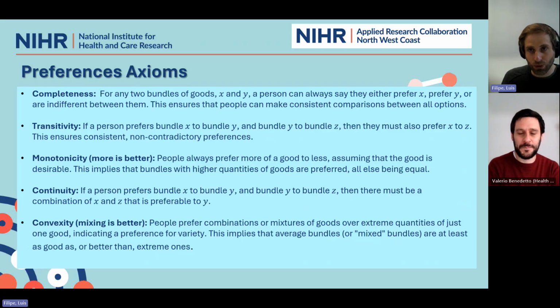Now, these two together are very important because they make what we call rationality. Just a name, don't think about it. But they are very important because this rationality assumption is what we need to put things into utilities. We are going to see it in the next slide, but I'm going to spoil you. Utilities means that we can give numbers.